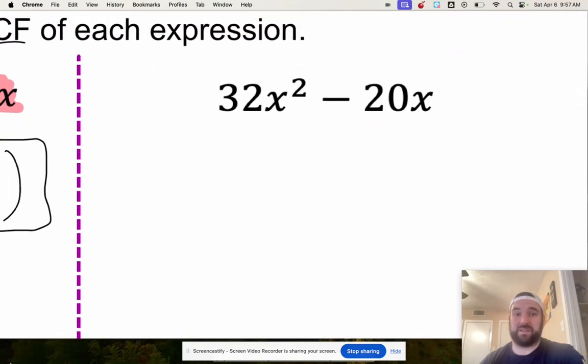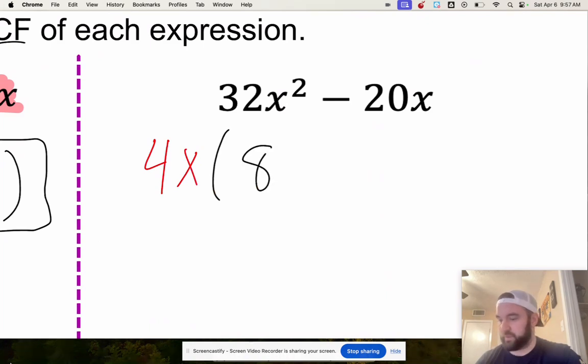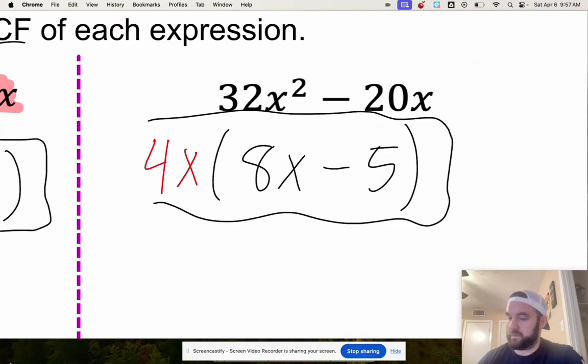Something we haven't seen in a while is, hey, here's a binomial. Here's just two terms, find the GCF, call it good. So 32 and 20 both have a common factor of 2, but 4 in this case is actually the greatest common factor. I can also remove an x from both terms, and if I do that, I'll be left with 8x in the first term, because 4x multiplied by 8x will give me 32x squared, and then -20x will reduce down to -5.